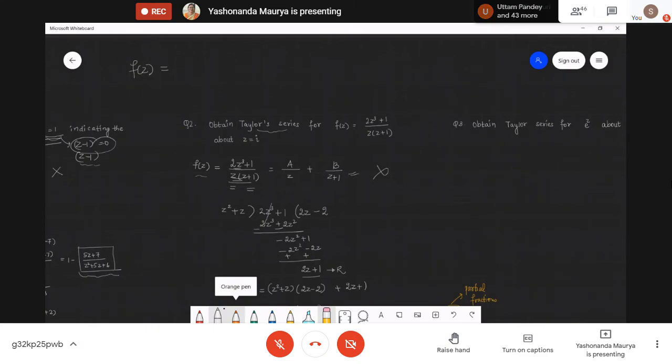So it will be somewhat like this: positive powers an of z minus, say, some z0, and similarly we will have the negative powers also. So that is what we mean by this expansion from 0 to infinity. Okay, so this is called the Laurent series expansion, which is a combination of both the Taylor series.